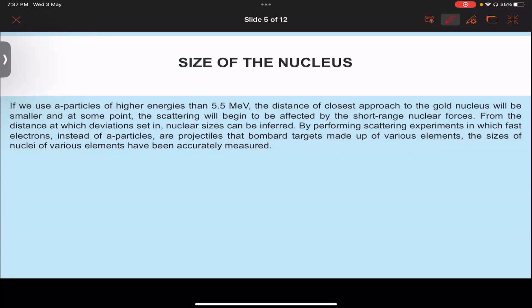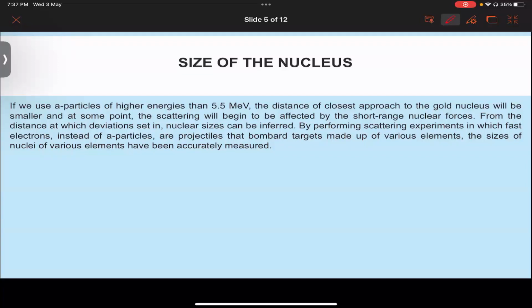Now, the scattering actually deviates only when it is affected by the short range nuclear forces. We also saw that Rutherford assumed the Coulomb repulsive force as the only force responsible for the scattering, and that the positive charge was confined to the nucleus itself.